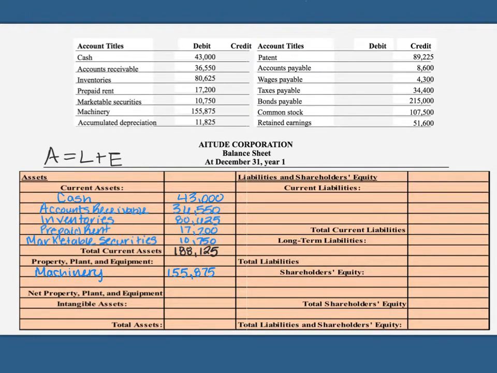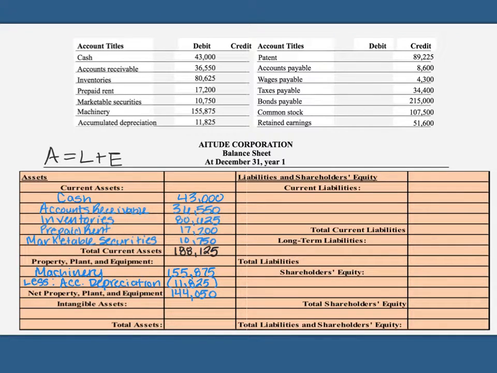And then what we need to do under this category is subtract out our accumulated depreciation, because if you recall, that is a contra asset. So we will subtract 11,825, which will give us our net property, plant, and equipment of $144,050.